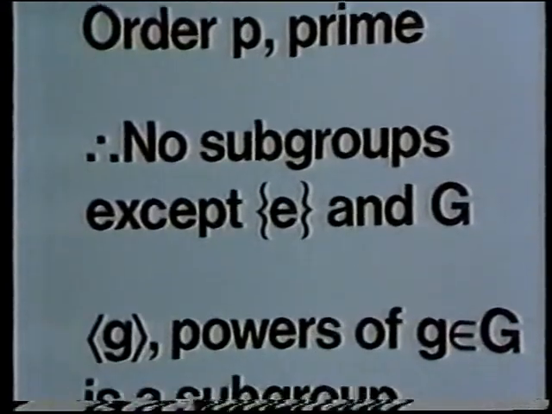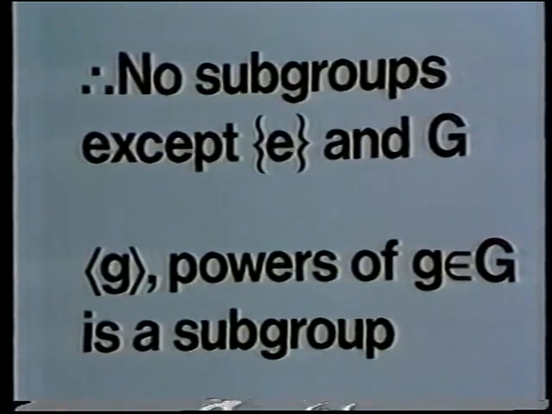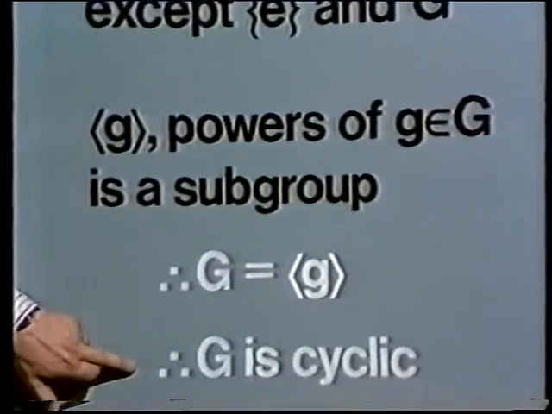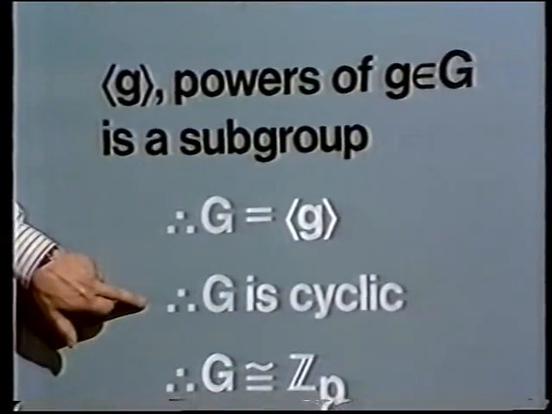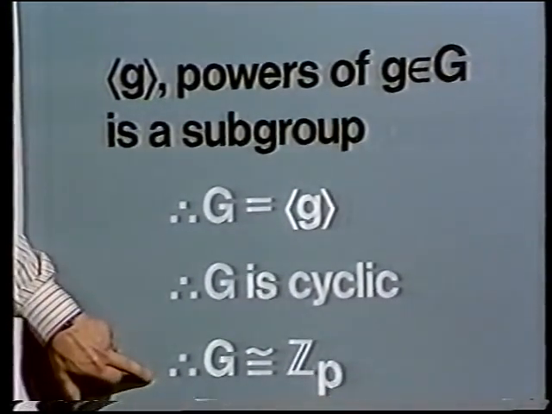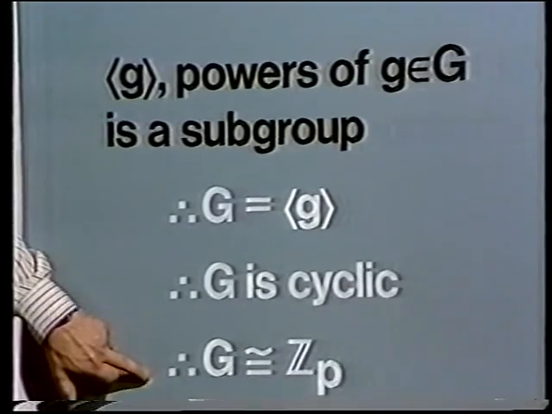So if we choose any element little g, which is not the identity element, we can form the set of its powers, which we know forms a subgroup, which we denote like this. What is this subgroup? It's not the identity subgroup, so all it can be is the whole group. Now this means that the group G is cyclic, generated by the element little g, and from this we deduce that G is isomorphic to the group Zp.